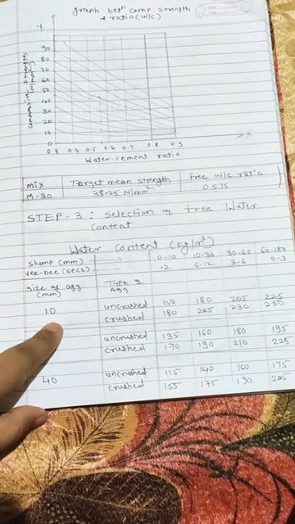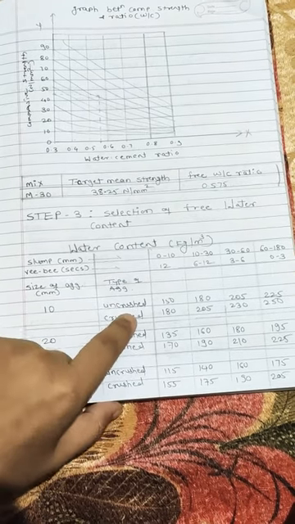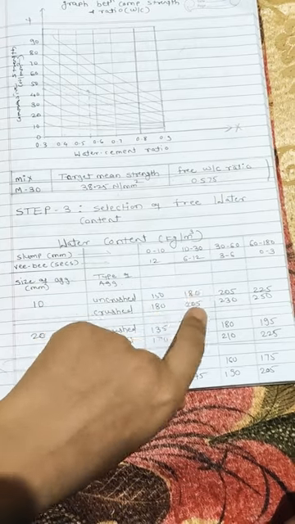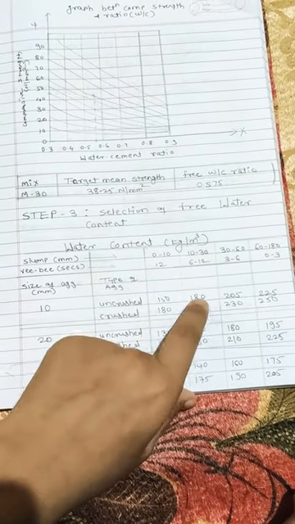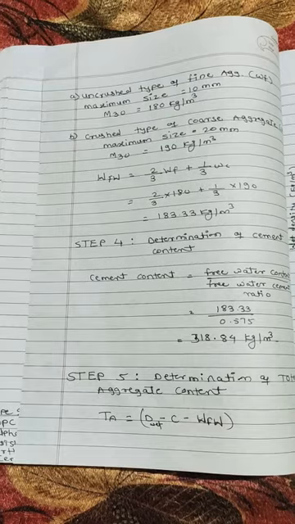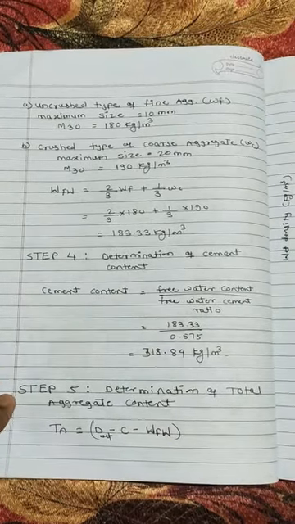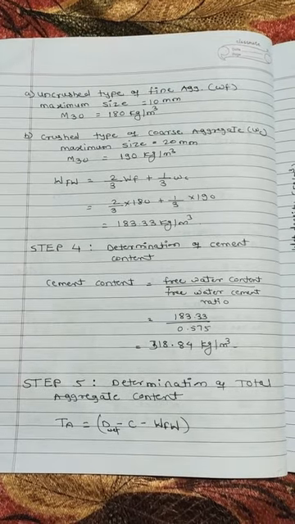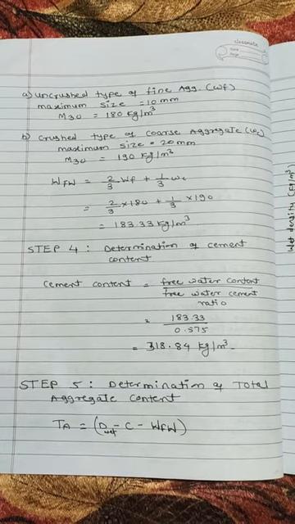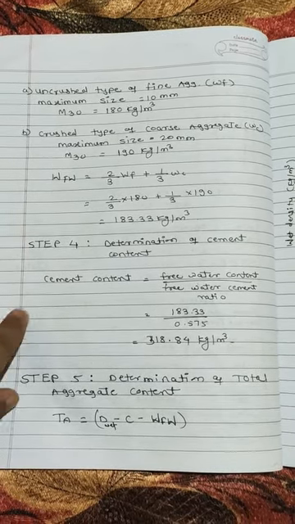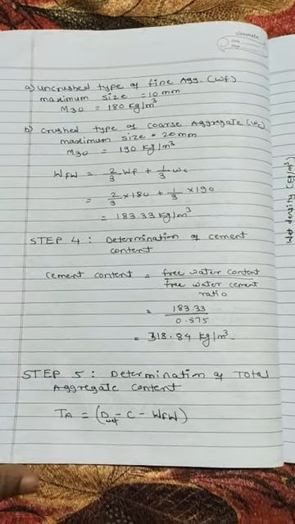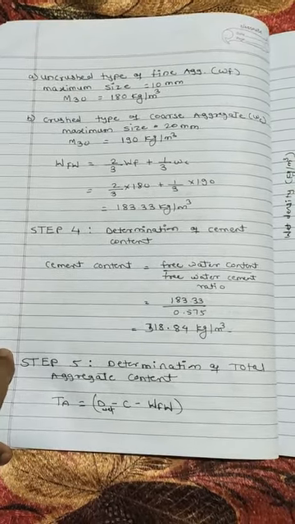Also we take 10 mm aggregate, uncrushed aggregate, for 6 to 12 seconds. So we get 180 kg per meter cube water content. For the maximum size of 10 mm, our grade is M30, so we see 180 kg per meter cube, and for 20 mm size 190 kg per meter cube.